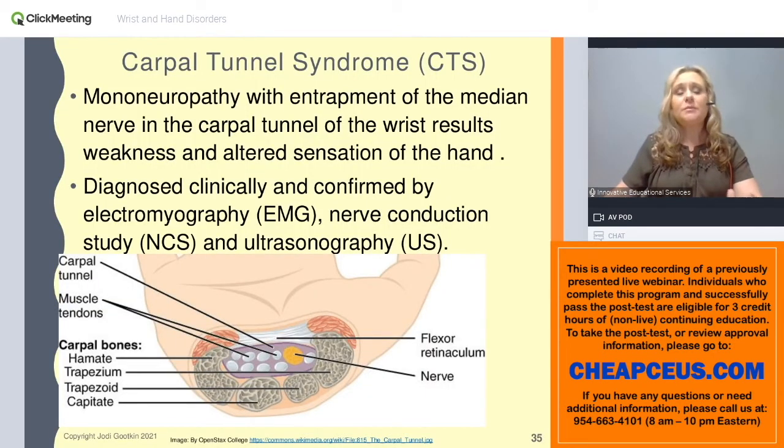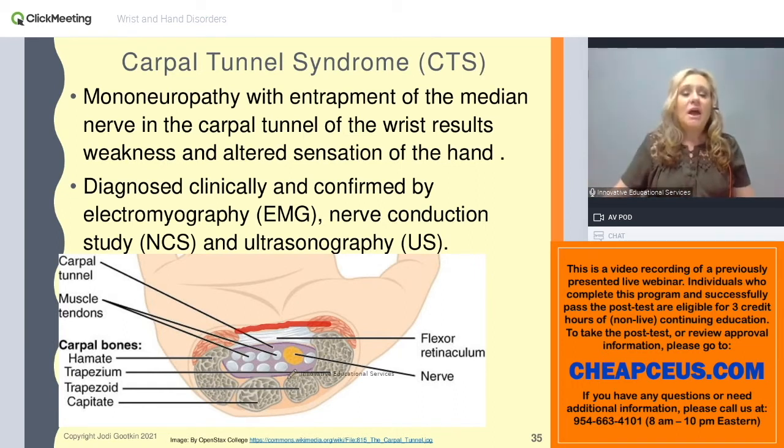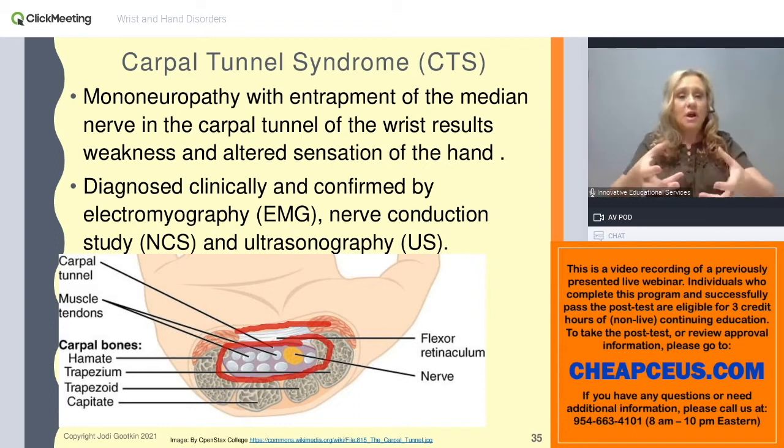So when we consider the pathology of carpal tunnel syndrome, normally the hood holds this in place so the tendons don't bowstring. That means they don't fall out, so it allows them to maintain their mechanical advantage. And then within this grouping, we have that subsynovial connective tissue that allows for gliding and absorbing of the friction force.